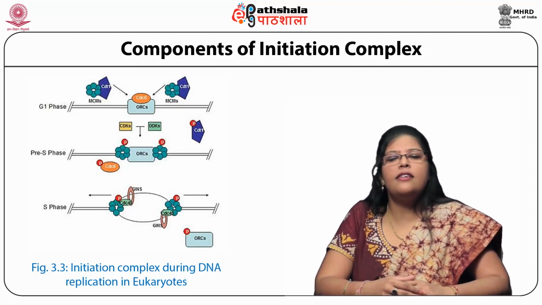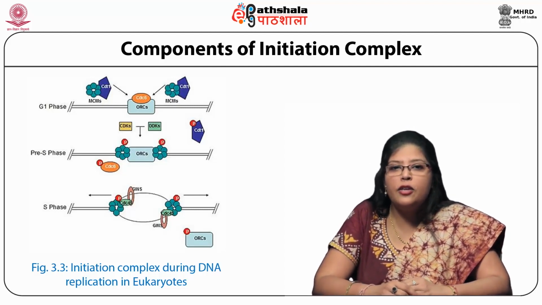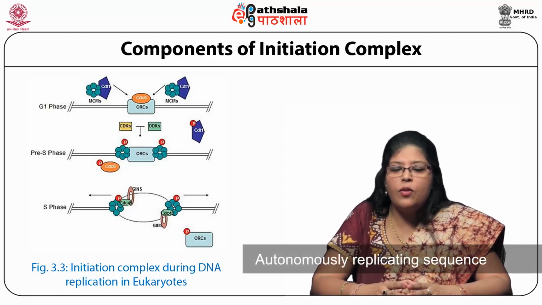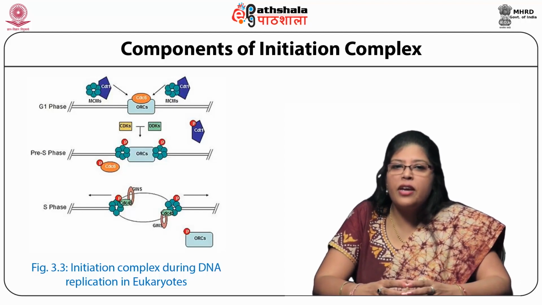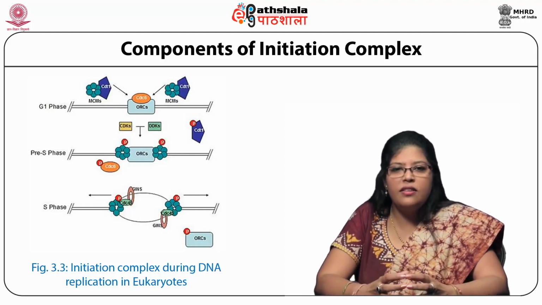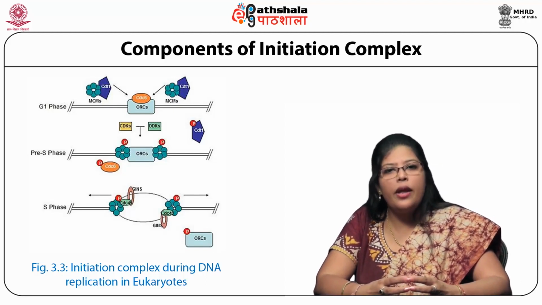MCM proteins are the single strand binding proteins present in a heterohexameric form. Autonomously replicating sequences are the specific conserved AT-rich sequences that are identified as the origin of replication in the eukaryotic chromosome.